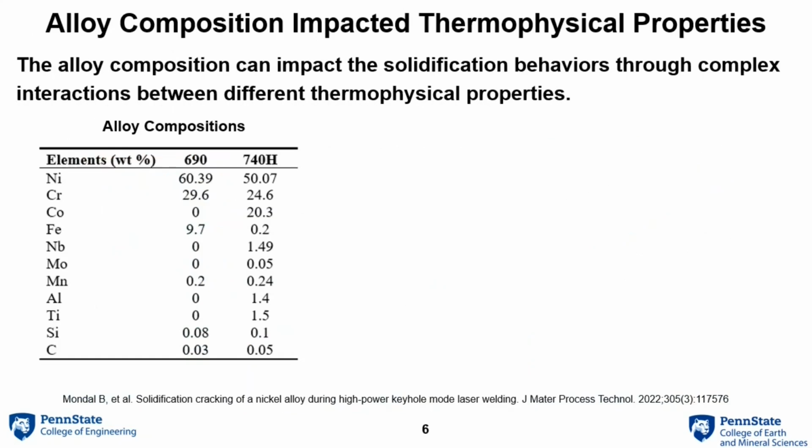To understand the different solidification cracking susceptibility of different alloys, we need to first look at their alloy compositions. You can see between 690 and 740H, there are some major differences in alloy composition, such as the concentration of cobalt, iron, or some other elements.